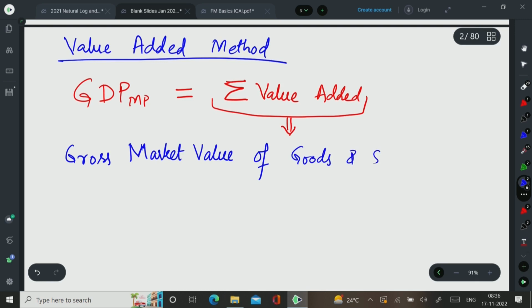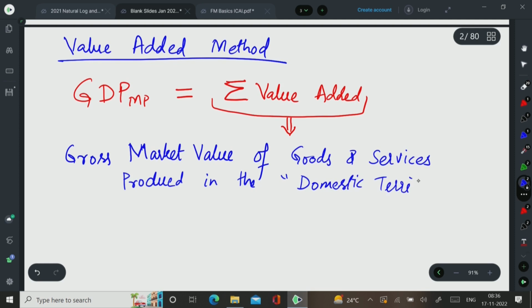goods and services produced in, the most important thing, the domestic territory of the country.